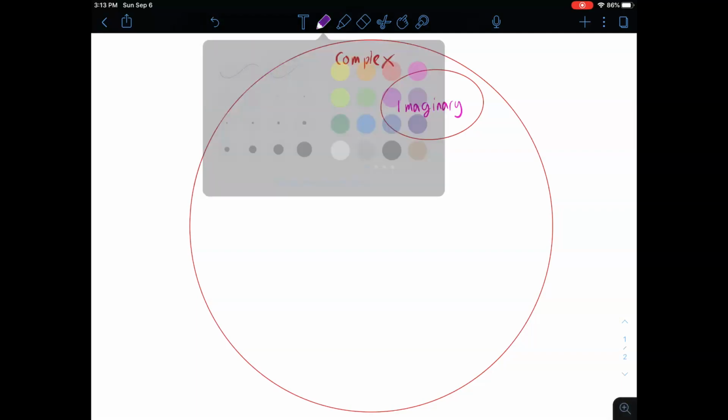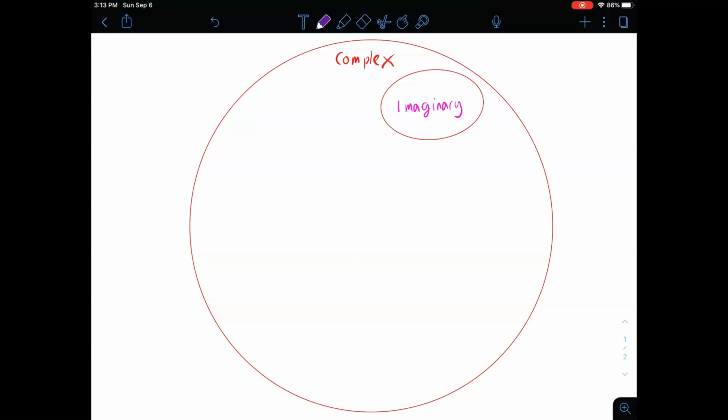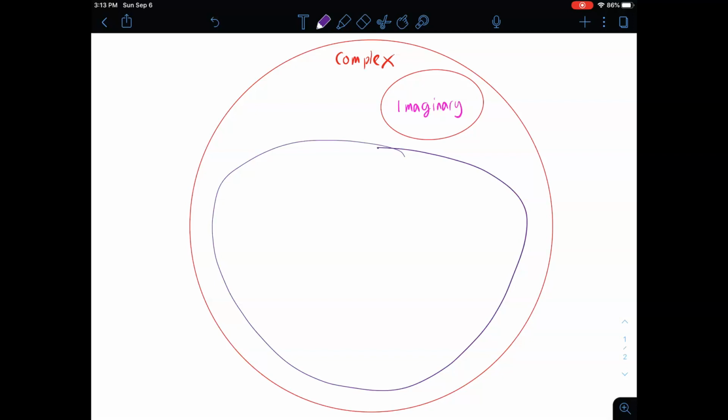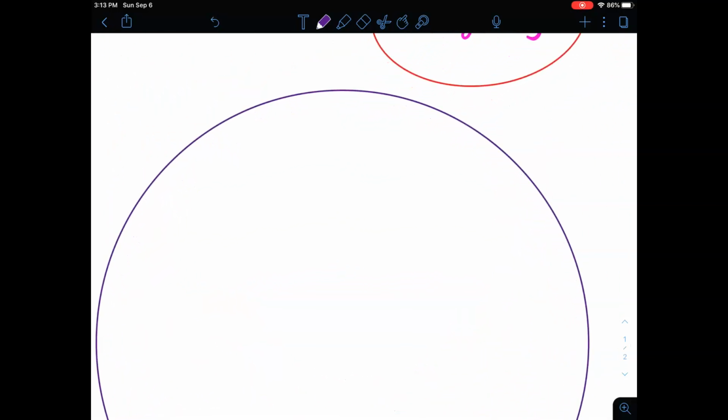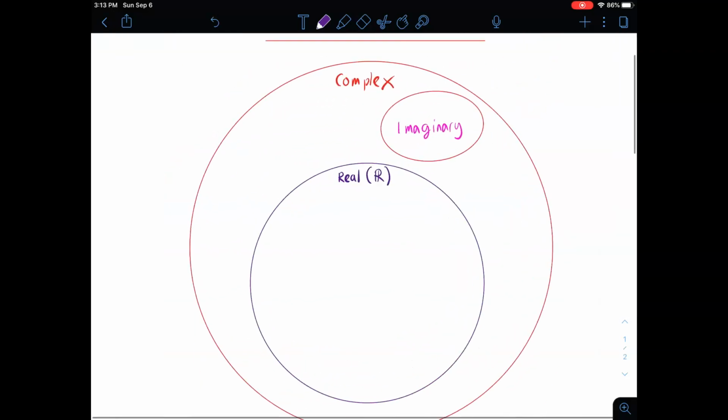And then under that, I'm going to draw another kind of big one. Okay? And then under that, we're going to have our real numbers, or our double R. Okay? So we have real numbers.